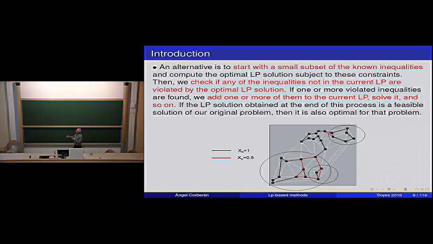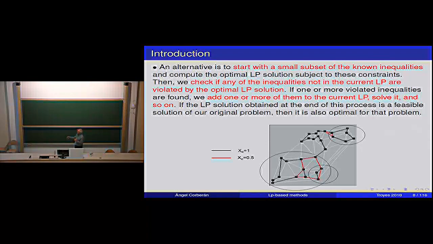For instance, this is an example of the traveling salesman problem taken from the TSP web page maintained by Bill Cook in Canada. Just put in TSP web page and you will find it. This is an instance with several cities from the Sahara, the old Spanish Sahara.